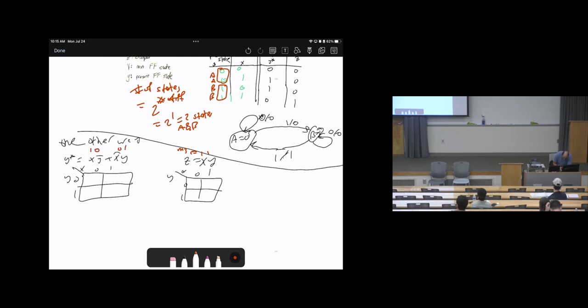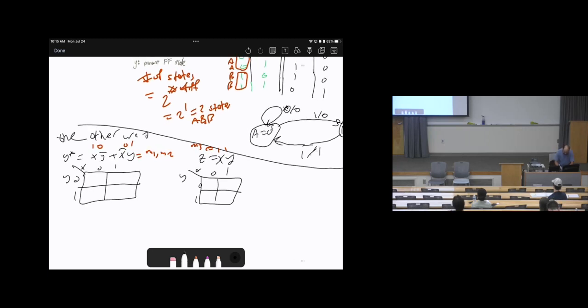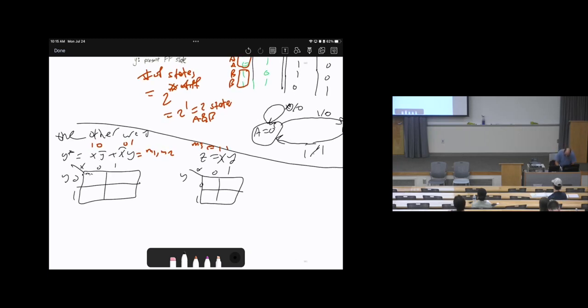X bar y is 0, 1, then this is equivalent to M2 and M1. So when you construct K-maps, here is M0, M1, M2, M3. Then here is M0, M1, M2, M3.